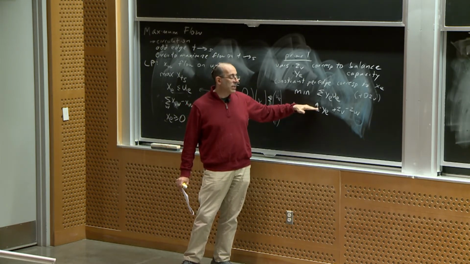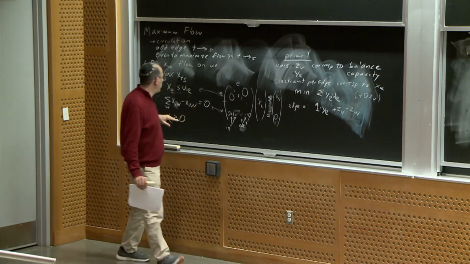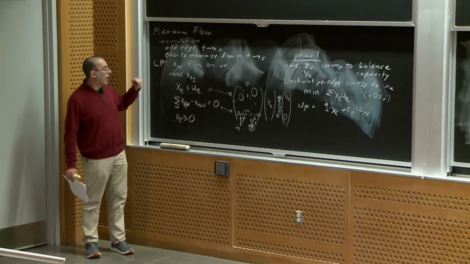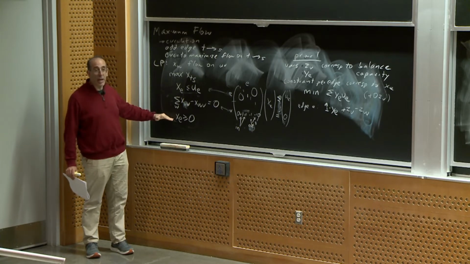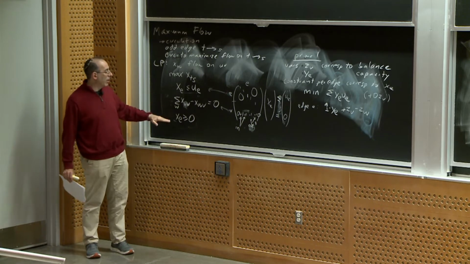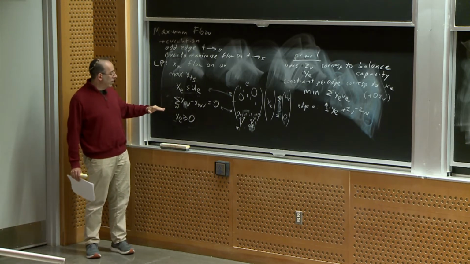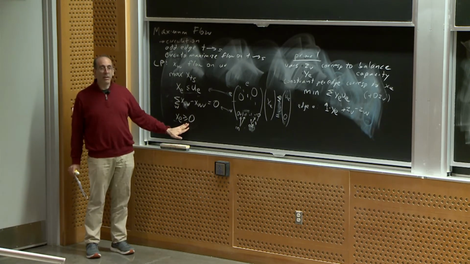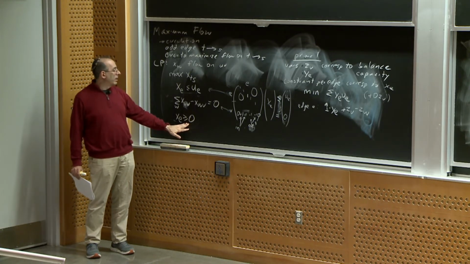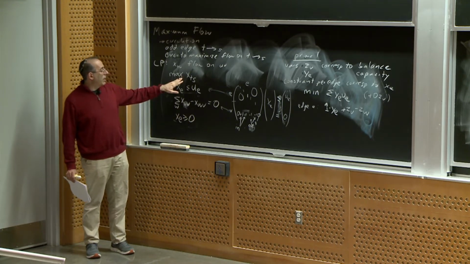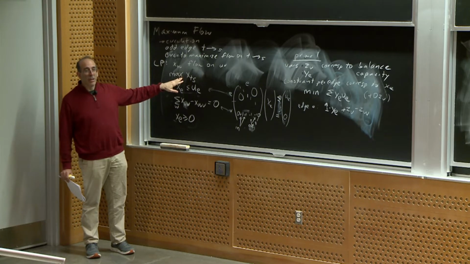So this constraint corresponds to the variable x of E, right? The constraint on edge E corresponds to variable xe. The variable xe is a non-negativity constraint, but it's associated with a maximization problem, so it's in the wrong direction.